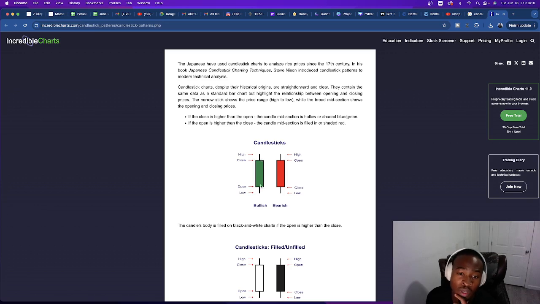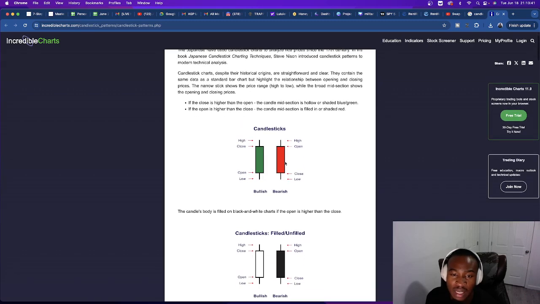It still formed a green candle because it opened low and closed high. So it went up and closed down, and it created a wick, because if it was to close up here, there would be no wick. It would just be a candle body and then a wick on the bottom. But since it came back down, it closed here, if that makes sense, guys.